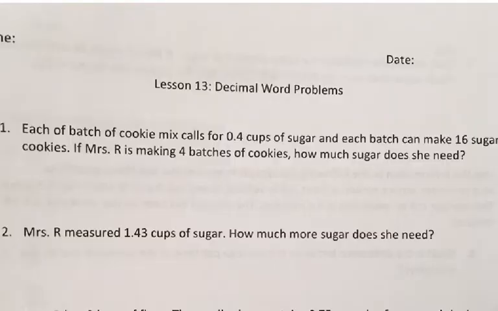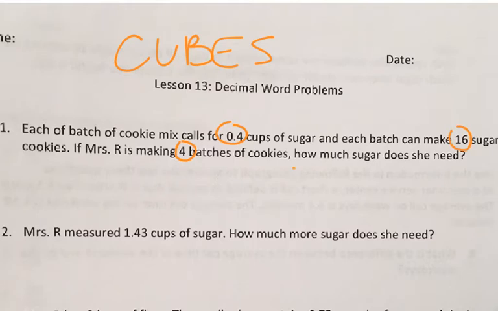Okay, if you go back here, we can use our cubes method, where you circle all your numbers, you underline your question, you box in your keywords, you evaluate, and then you solve.